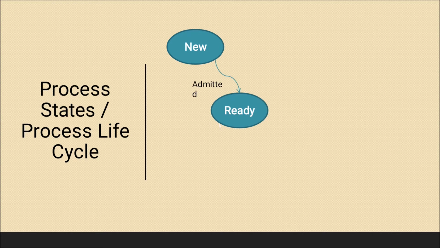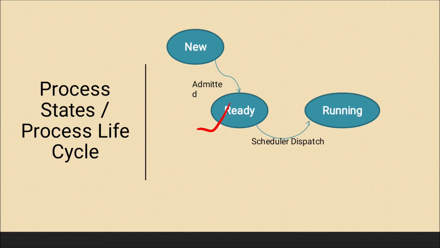Now whenever it is ready for execution, it goes into the ready state. With a single CPU, only one process can be executed at one time, but there are so many processes that want to execute, so all these processes are in the ready state. Whenever the CPU chooses one process, this is called scheduler dispatch, and it goes into the running state.